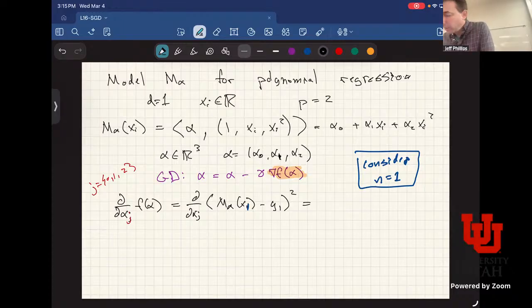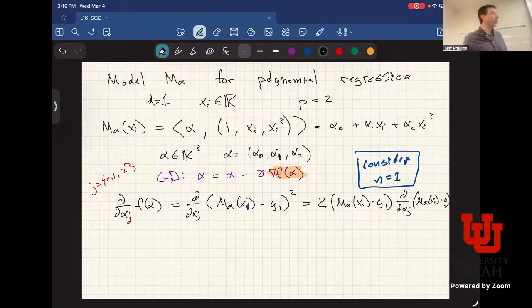And so one way of writing the derivative of this is to write it as, I can pull out a 2 times the function, then times the derivative of alpha x1 minus y. Okay, with no square.